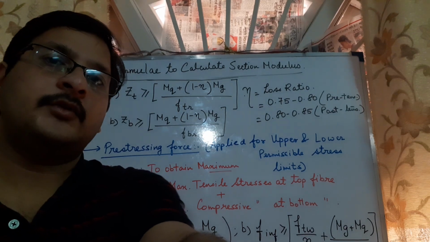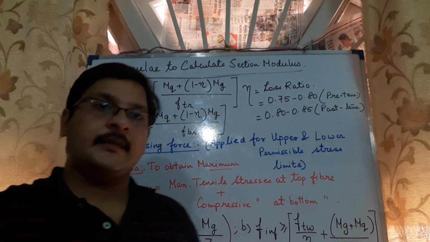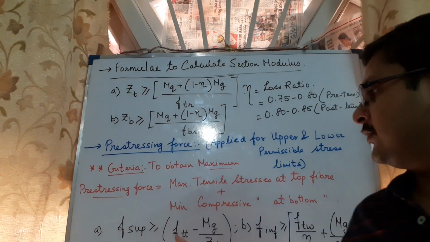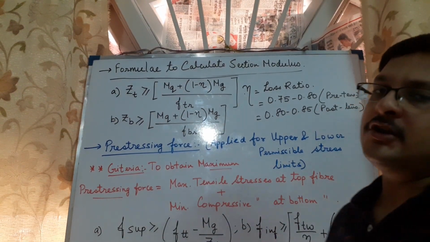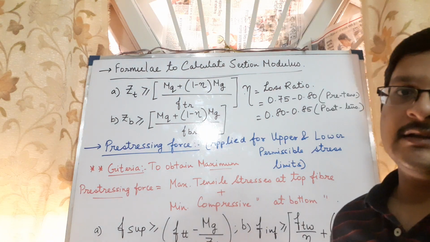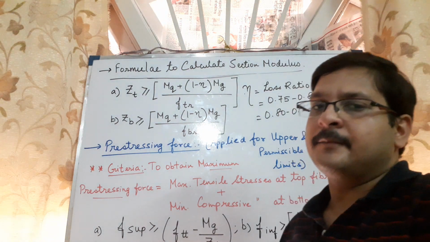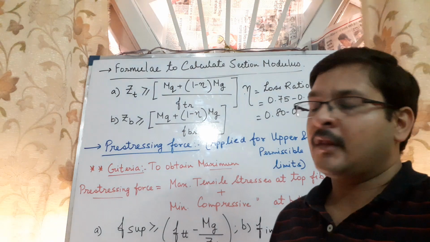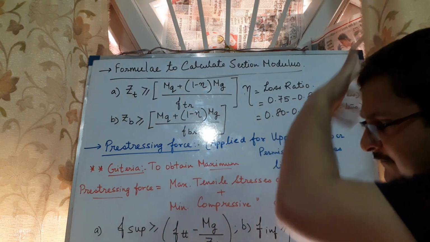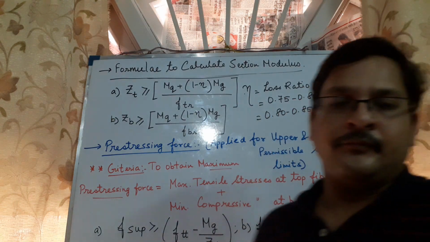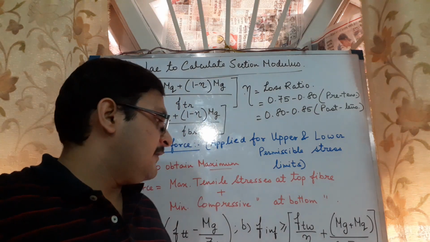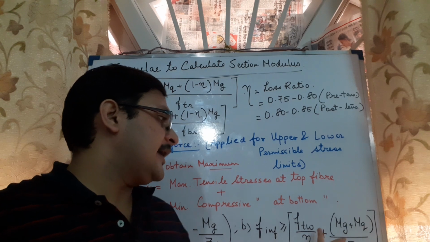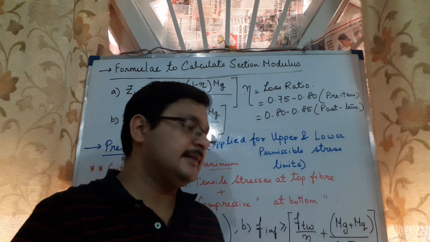So this formula is nothing new. If you see the original formulas which I discussed, the first four formulas in this topic, F superior is greater than FTT minus Mg by Zt, and the second equation, F inferior is greater than or equal to FTW by eta plus (Mg + Mq) by eta Zb.